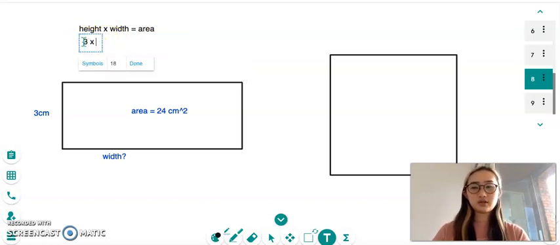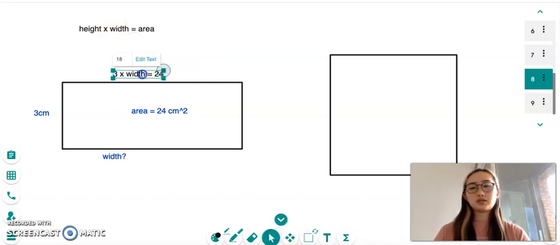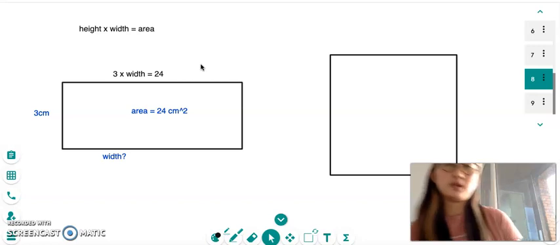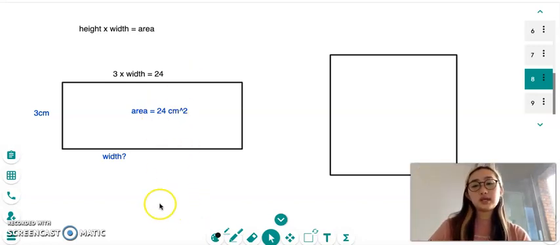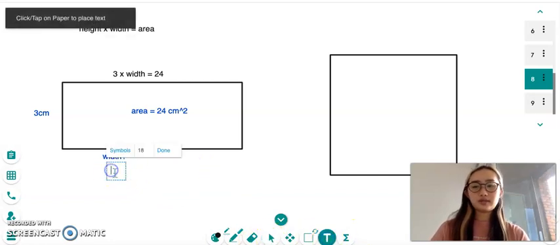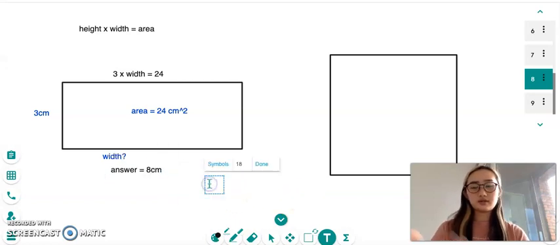So it's 3 times width equals 24. So what is multiplied by 3 to make 24 in this case? It would be 8. I'd probably try and encourage them to answer before me. Therefore, the width is 8 centimetres, because it's 24 divided by 3.